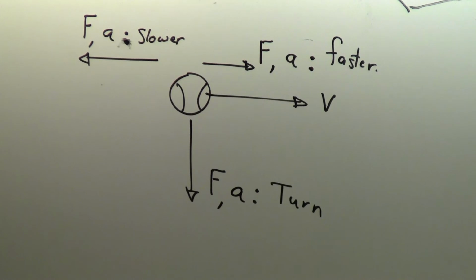What direction would the force and acceleration, since force and acceleration are in the same direction, what direction would be the force on this baseball for it to both turn and go faster, like a car getting on the freeway?